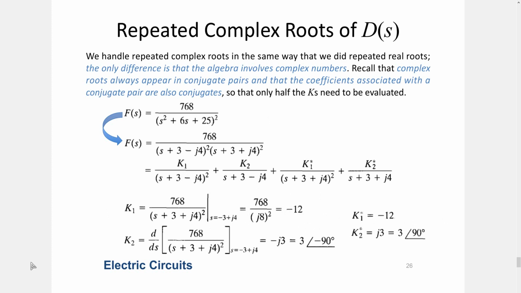For k2, we have to take the first derivative and then compute 768 divided by (s plus 3 plus j4) squared at the point s equals minus 3 plus j4. That will yield numerically minus j3. It can be represented as a phasor, 3 with an angle of minus 90 degrees. Then k2 star will be j3.